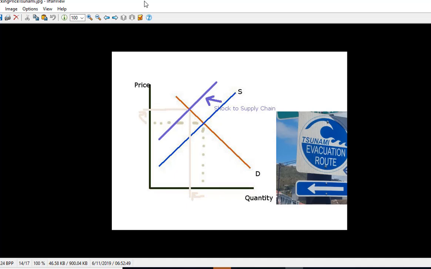Okay, so everybody's trying to get out of town because of the tsunami. They can't get the gas in, they can't get goods into market. That we would expect the prices to go up. And one of the things that happens when prices go up is people buy less, which means maybe if you needed gas to get out of town before the tsunami hits, then maybe you and your next door neighbor buy 1 gallon of gas between you and you both go in the same car and you leave one car behind rather than both of you driving separate cars.